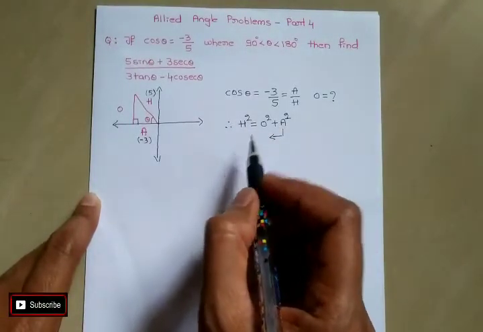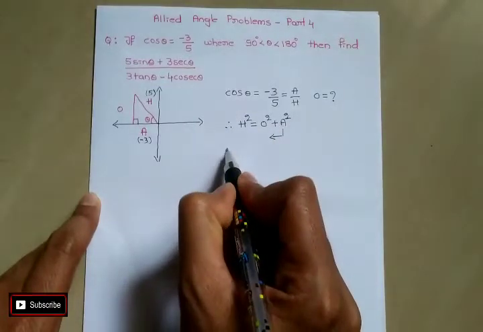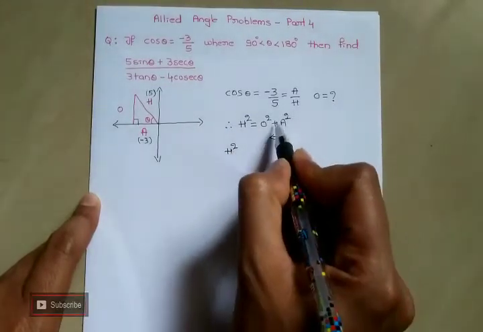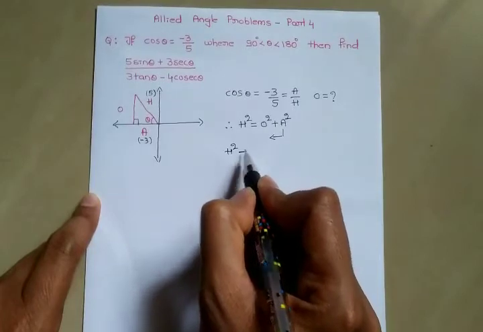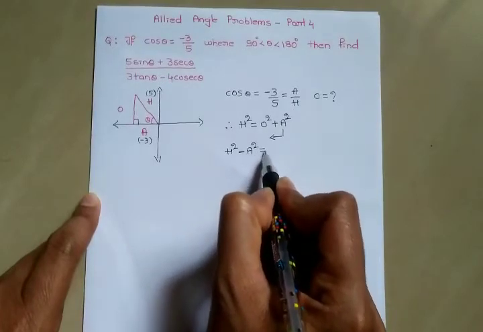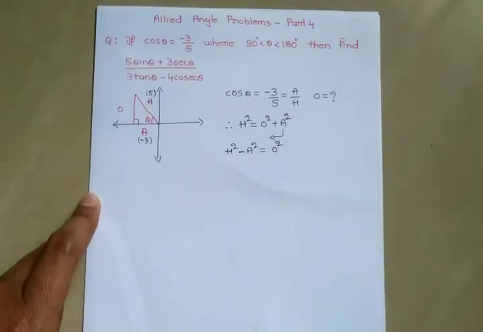So h square I keep as it is, and plus a square becomes minus a square, equal to o square.